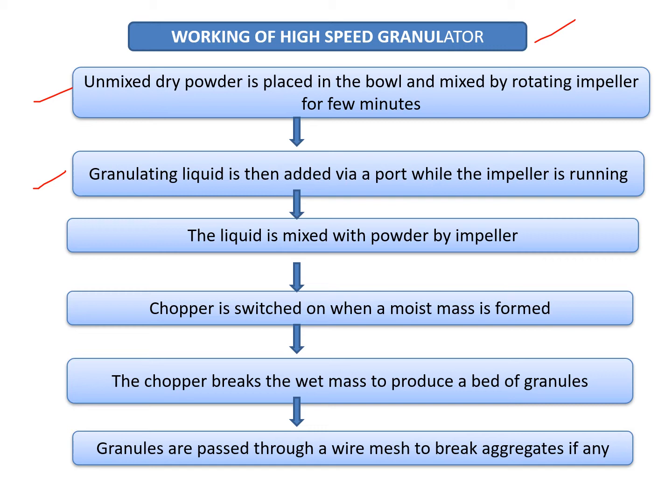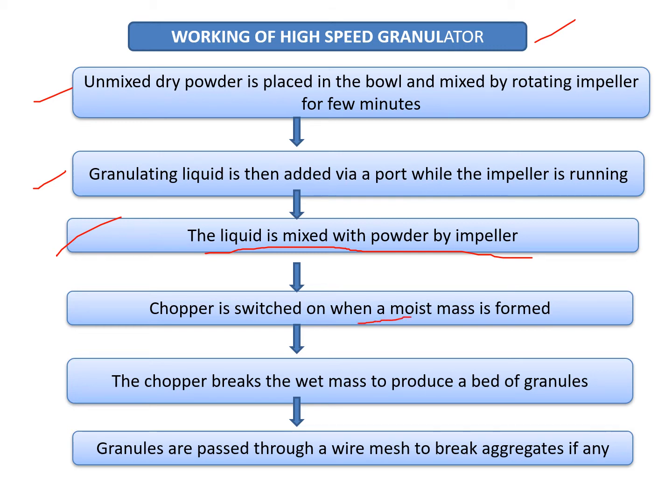There is a port at the top of the bowl from where the granulating liquid is added, and during this addition the impeller keeps running. So the impeller mixes the liquid with the powder mixture.